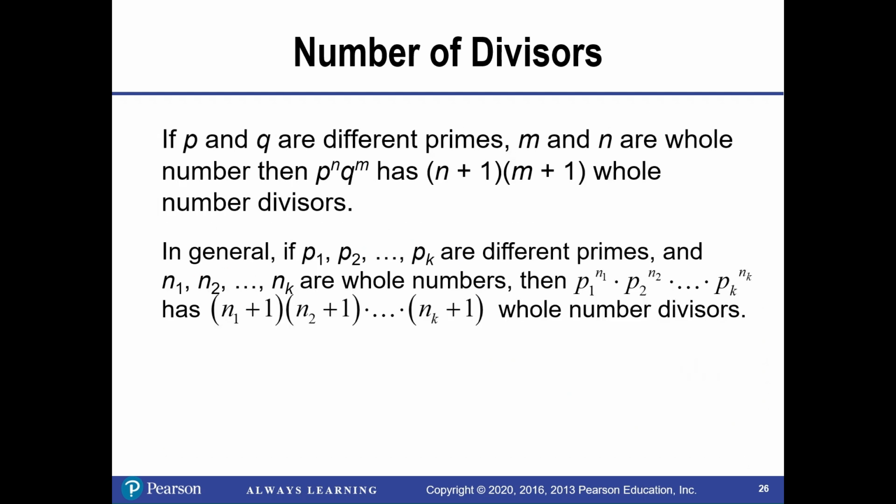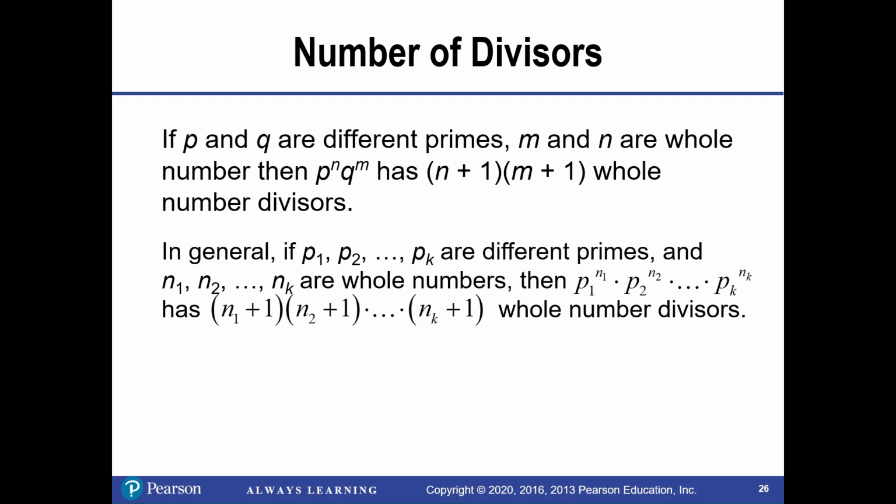We can formalize this principle by saying if P and Q are different primes, M and N are whole numbers, then P to the N power times Q to the M power has N plus 1 times M plus 1 whole number divisors.